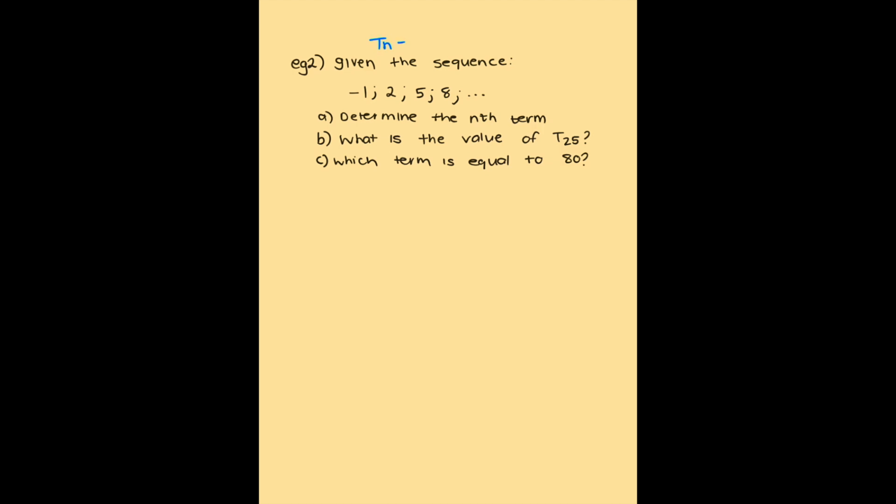I'm just going to write the general term up here again, just so we can have it on our screen. Remember that this is our general term for all arithmetic sequences. We now need to adjust this according to this pattern over here.